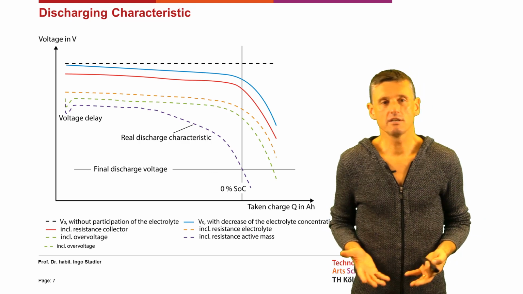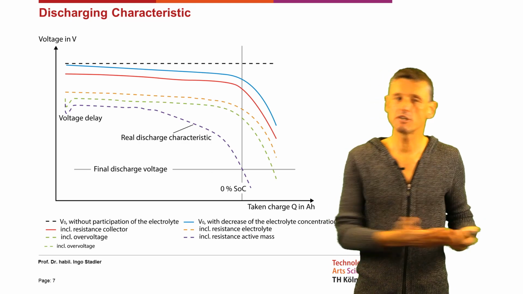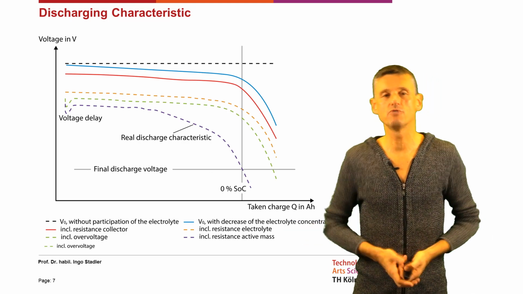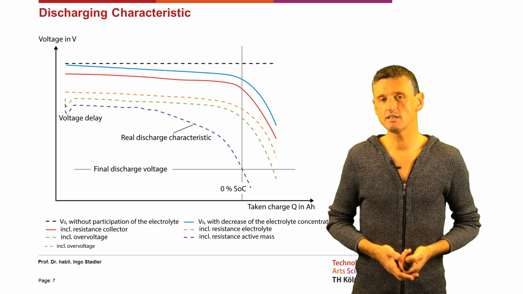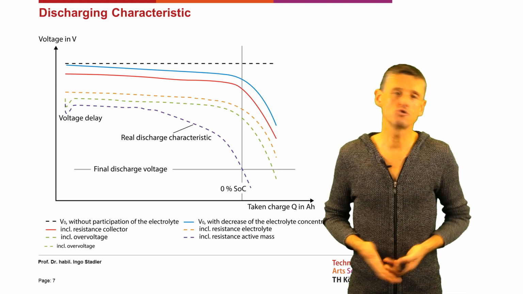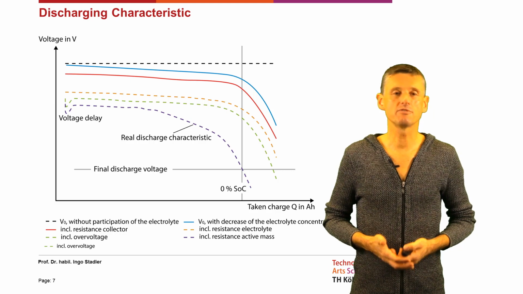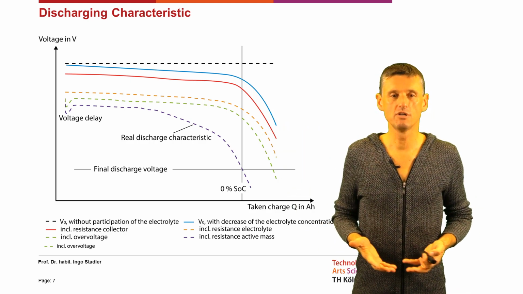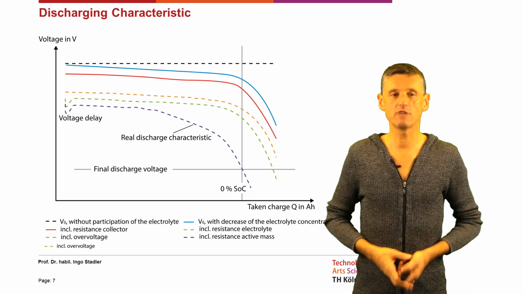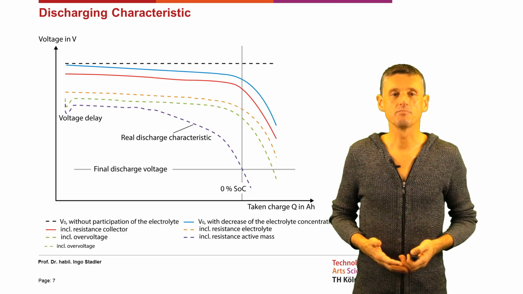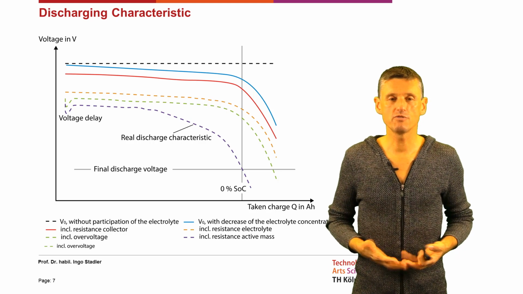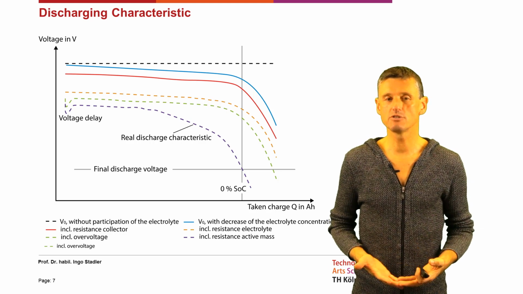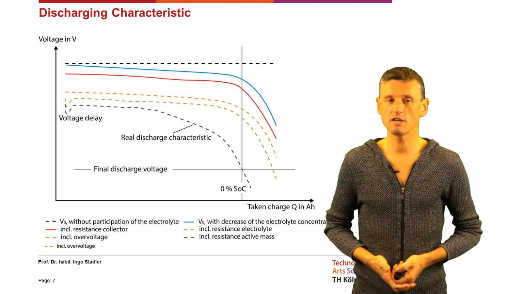When we look at the characteristic of discharging a lead-acid battery over time, we see that there are different voltage drops. So we have the horizontal line, that would be the voltage without participation of the electrolyte. But then we have the voltage with decrease of the electrolyte concentration when the battery is discharged.